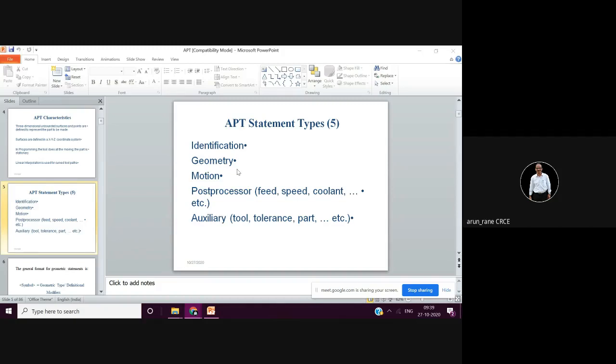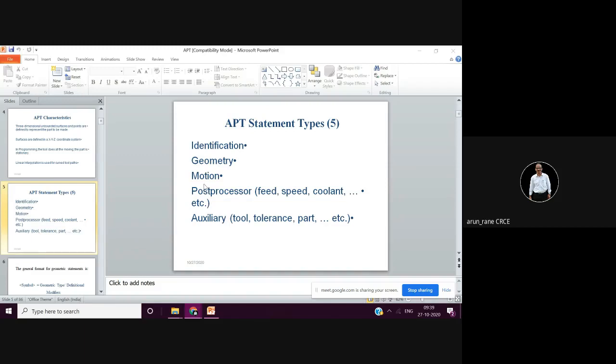So any drawing can be considered as made out of a number of points, and every point will have three dimensions x, y, and z. But since you cannot go on defining so many points, because then it will become a huge file, we define a few points, a number of lines, and a number of arcs. That reduces your program. So in geometry you are describing your points, your lines, and your arcs.